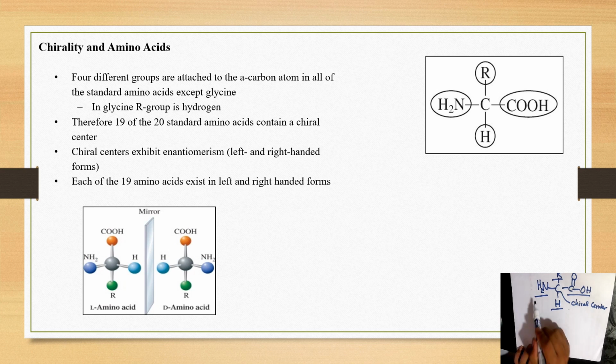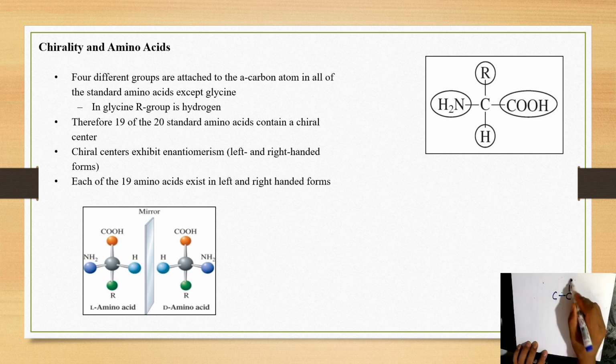If the amino group is at the left side of the alpha carbon, this is called the alpha carbon, then the amino acid is designated as L. And we know that the mirror image of L is D. So for example, when the amino acid is, let's say, valine, let's draw the structure.